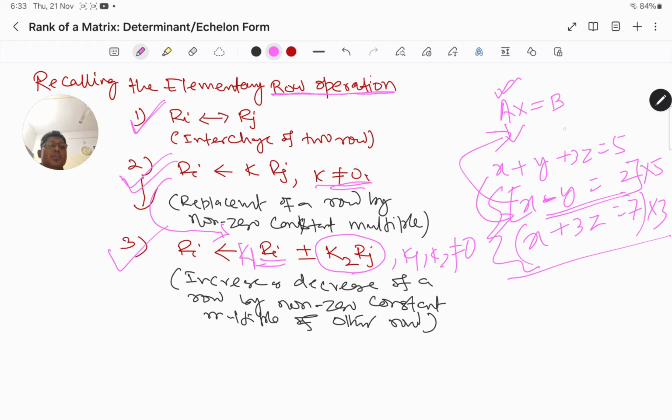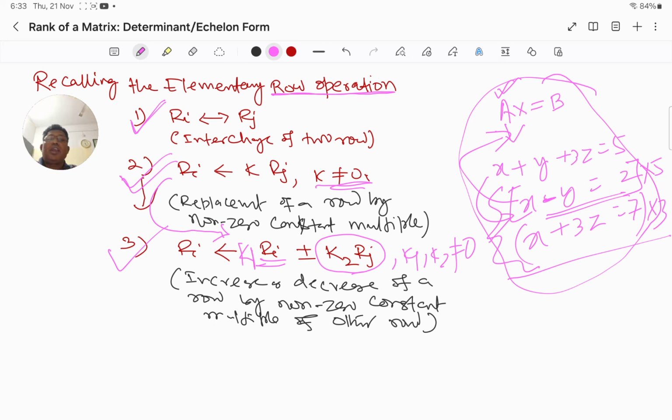Now in the sense of solving a system of linear equations, this row operation is fine. If there is not a system of equations, and we have simply a matrix given, then we can also have column operations, right?